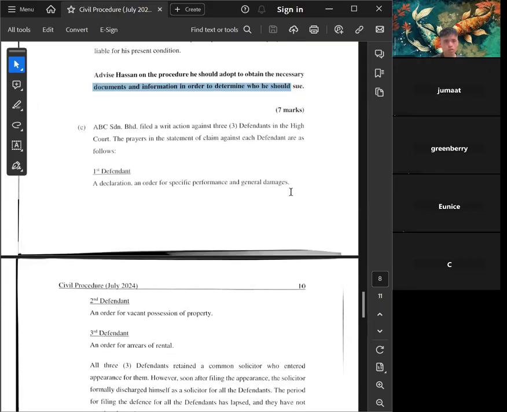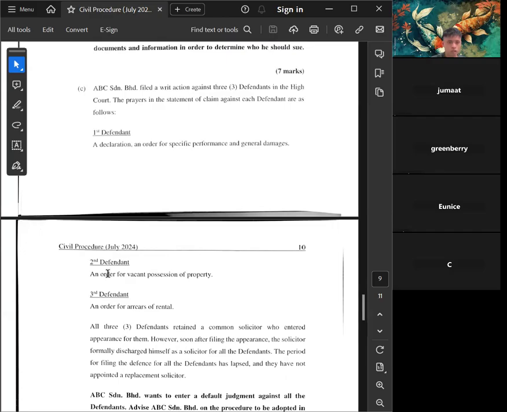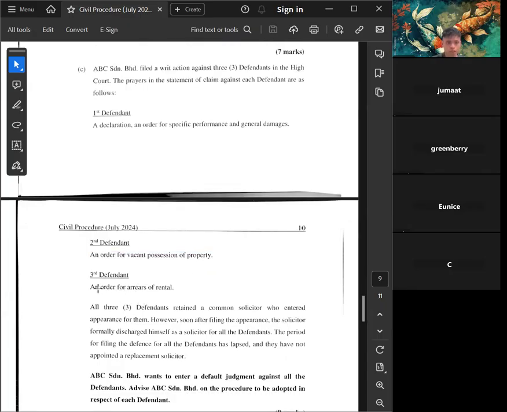All right, so we move to question C. ABC filed a writ action against 3 defendants. The prayers in the statement of claim are as follows. The first one: declaration, order for specific performance, and general damages. Second, order for vacant possession of property. Third, order for rental arrears.